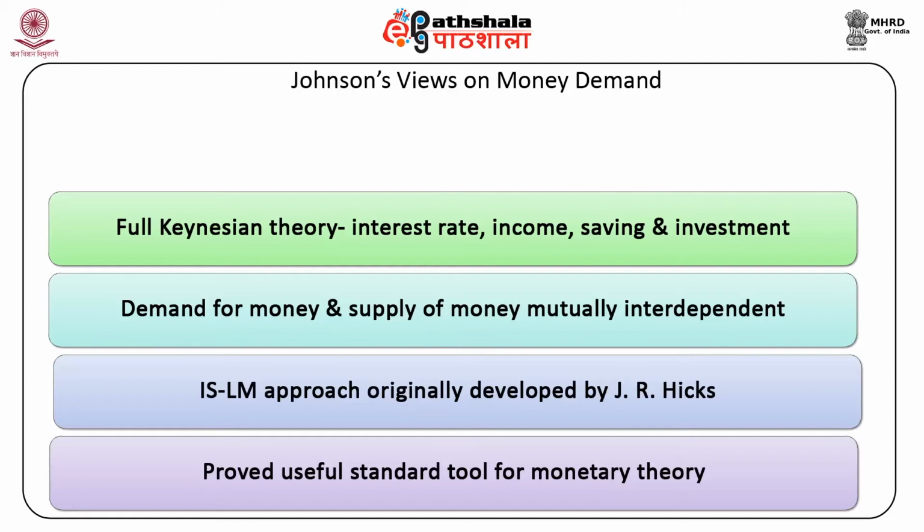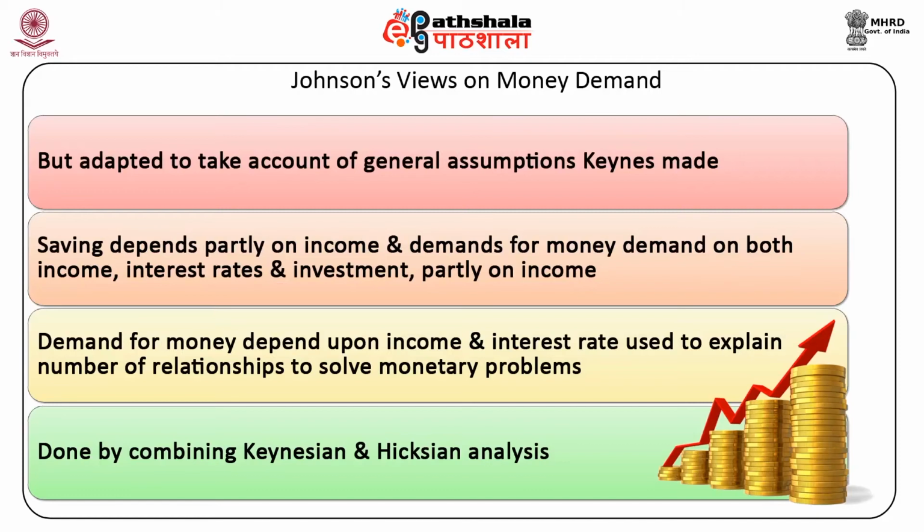Johnson states that although the ISLM approach was originally developed by J.R. Hicks, which proved a very useful standard tool for monetary theory, it can also be adapted to take account of more general assumptions that Keynes made.